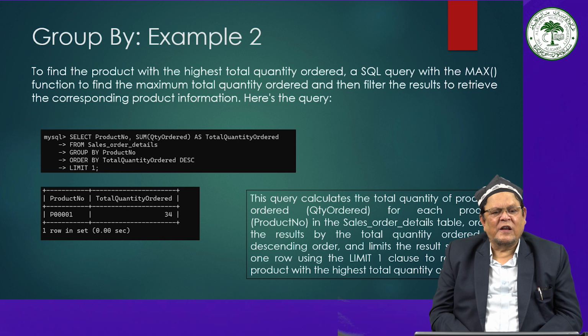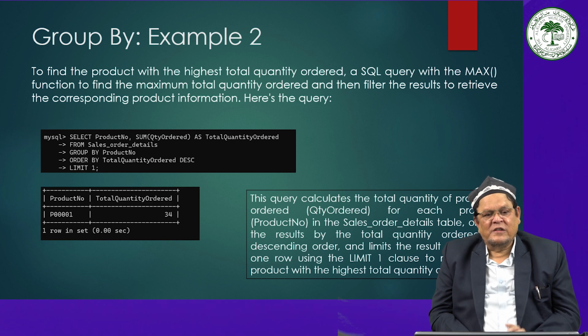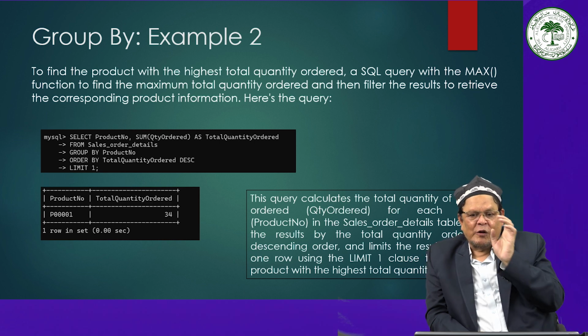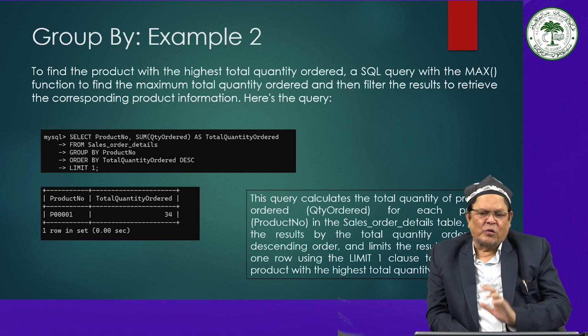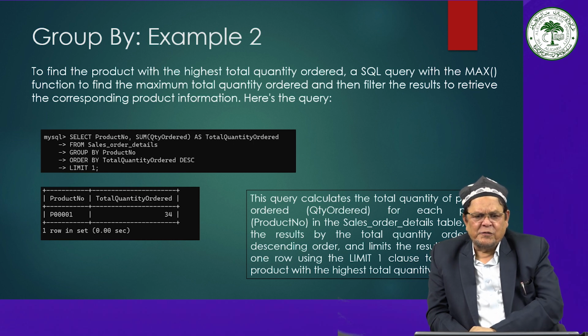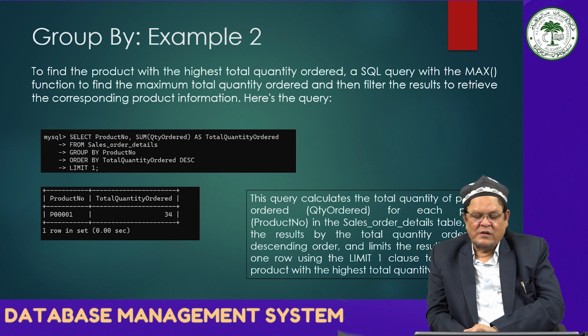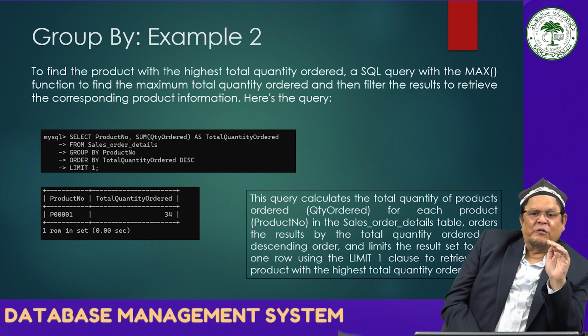As for the query, select product number; this query calculates the total quantity of the product ordered for each product in the sales order details table. Order the results by the total quantity ordered in descending order and limit the result to only one row, limit 1.